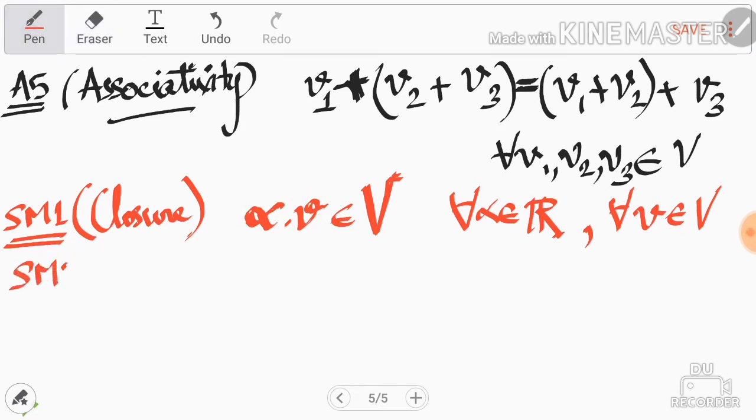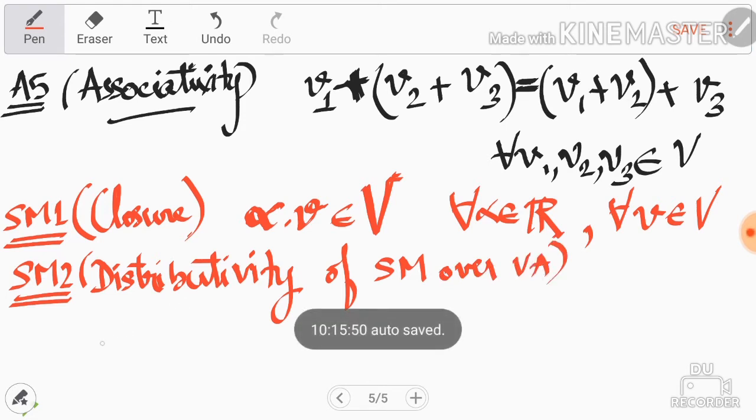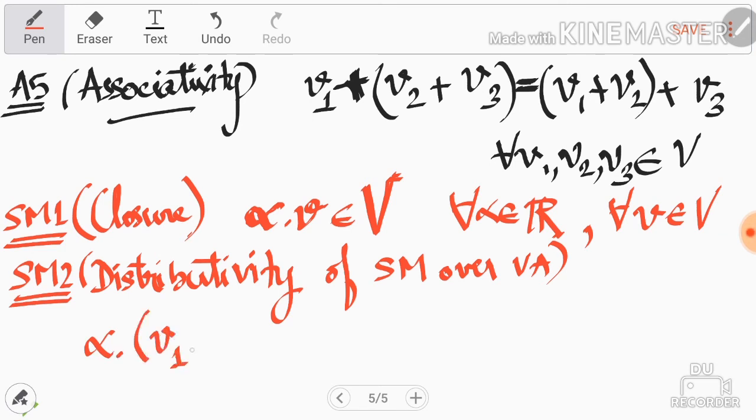Okay, let's talk about the second property of scalar multiplication. The second property for scalar multiplication is the distributivity property. So, distributivity of scalar multiplication over vector addition. What would this mean? This will simply mean that you take a scalar, you multiply it with a sum of two vectors.